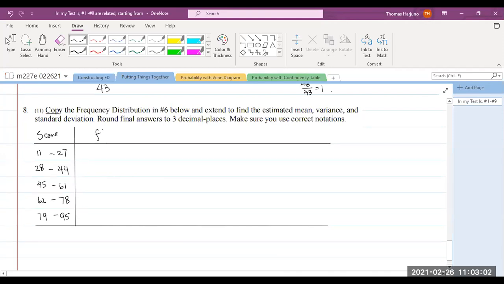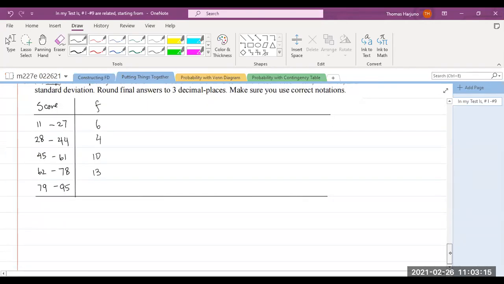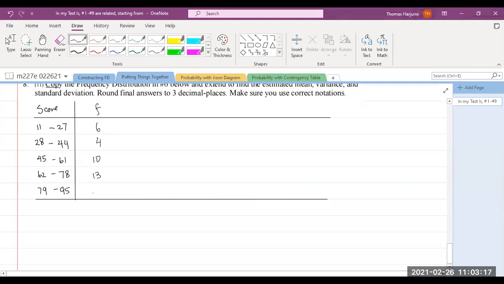The frequency will be, I remember, 6, 4, 10, 13, and 10, I believe. Okay. Now the thing is, that data is from population.